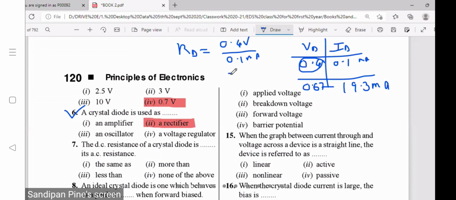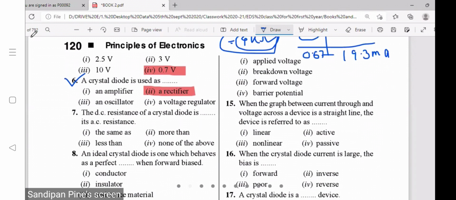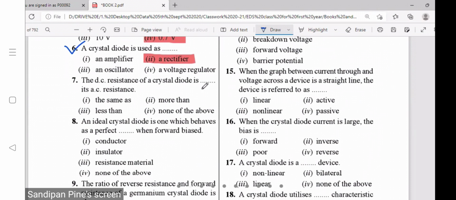So it's around 4 kilo ohm. Volt by milli equals to kilo. 1 by milli equals to kilo. Point cancel. So it is around 4 kilo. So the minimum resistance or something we will get in kilo ohm, DC resistance. But AC resistance we will get in ohm. So obviously DC resistance always will be more.